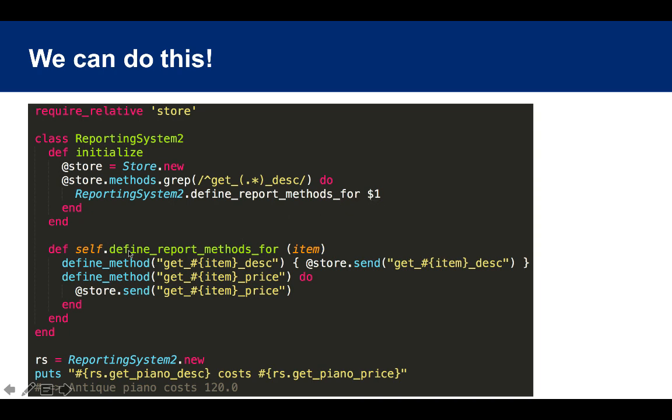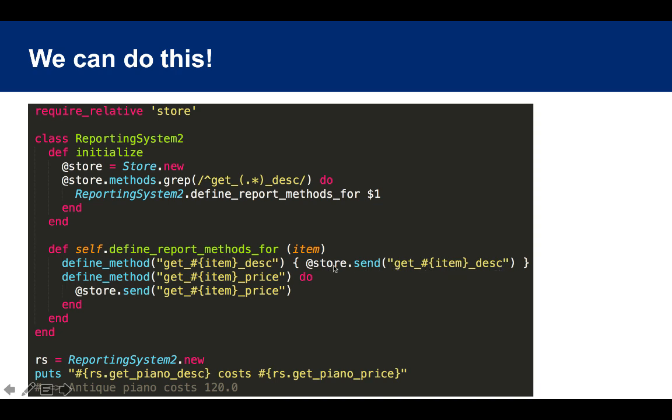So you could define a method in your class that says define_report_methods_for, and then inside that method you could have two methods, one defining get_item_description, and one defining get_item_price, where item is just what you passed in as your capture group. You provide the body of that method, which is basically to call a method in the store with that same name.